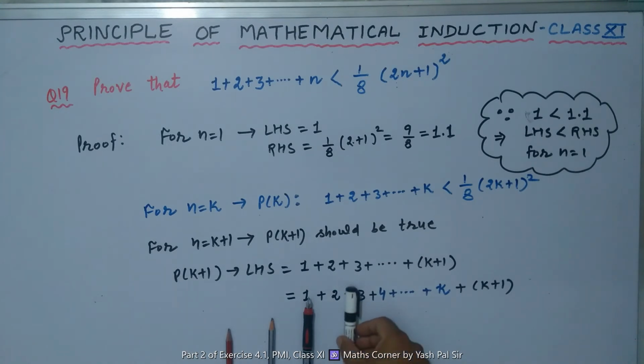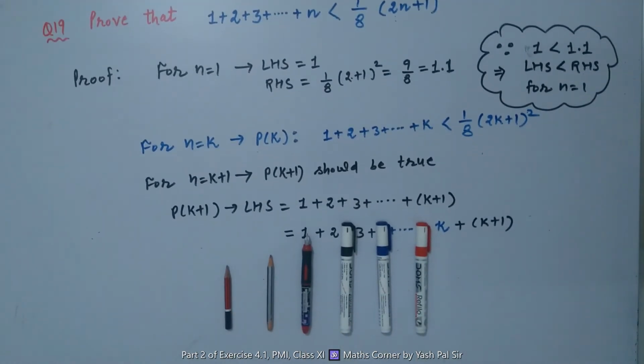Next I have this writing pen, so again this is equal to this. I have last pen this. Now if I name these pens, suppose this is A, this is B, this is C, this is D, this is E, this is F.